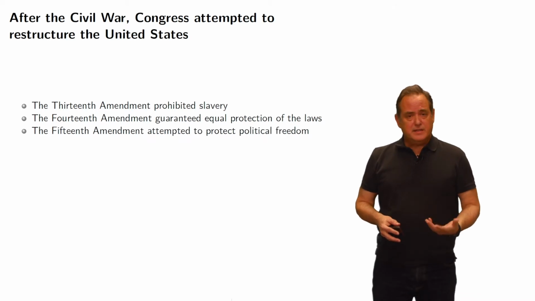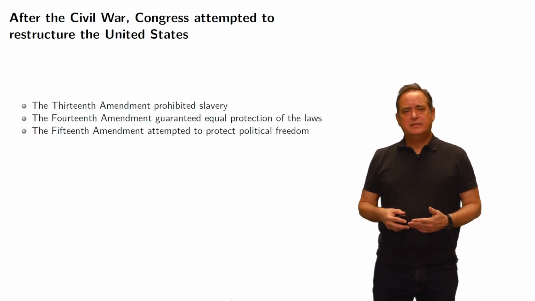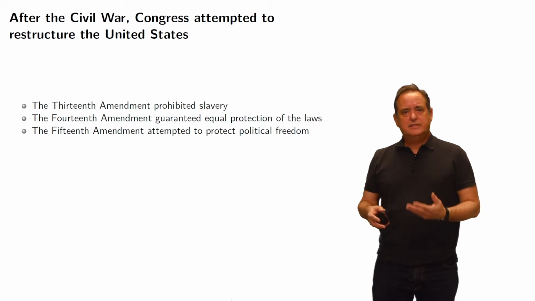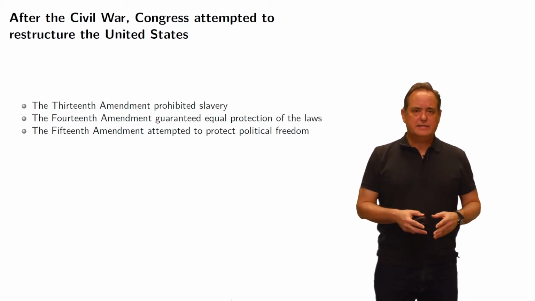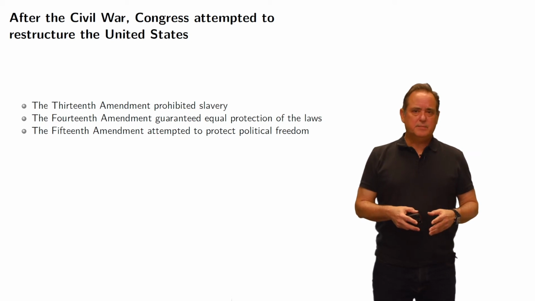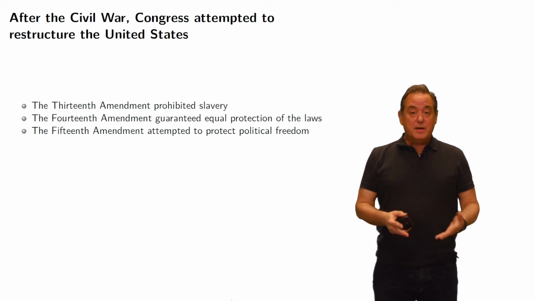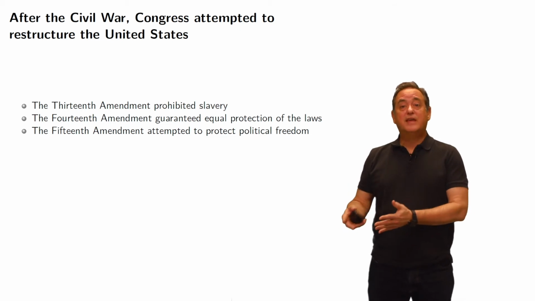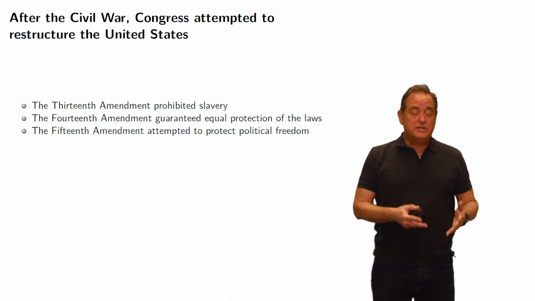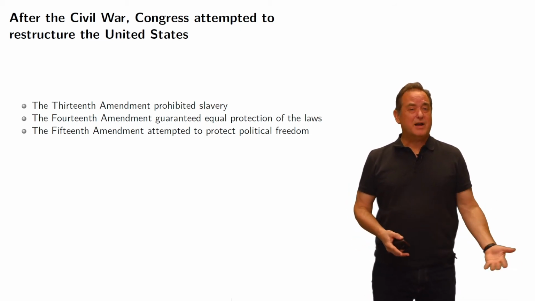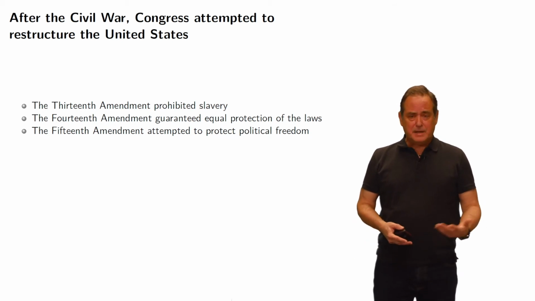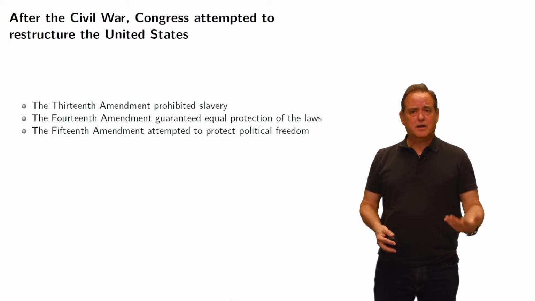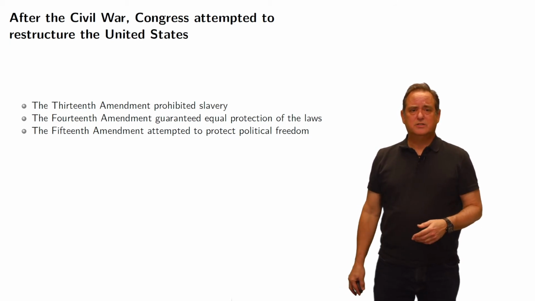And the 15th Amendment, which guaranteed the right to vote, attempted to protect those political freedoms that were granted in the 13th and 14th Amendments by allowing people to vote so that your vote now counts. And you can protect your political freedoms not by going to war, but instead by voting for people that are going to protect your interest.